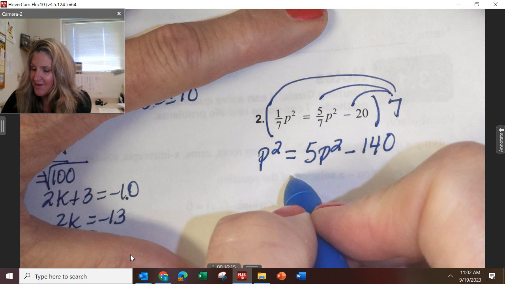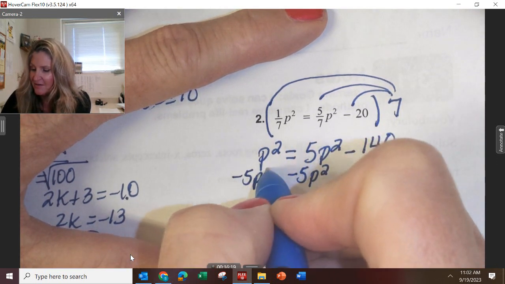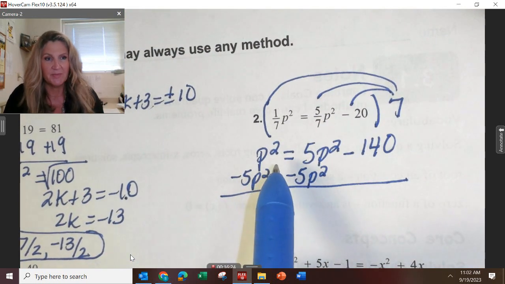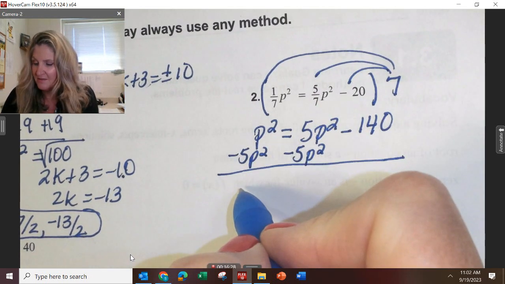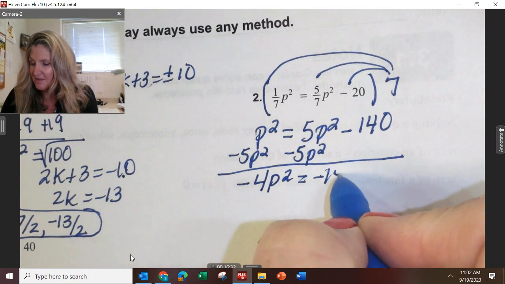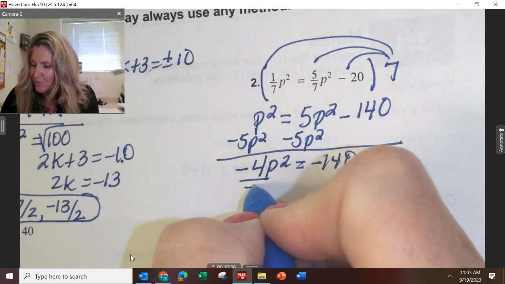All right, so now I would have to subtract 5p squared. Okay, what is this p squared minus 5p squared going to give us? Negative 4p squared, good. Okay, now I'm going to divide by negative 4.